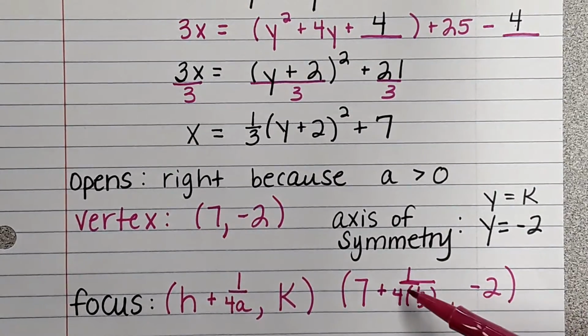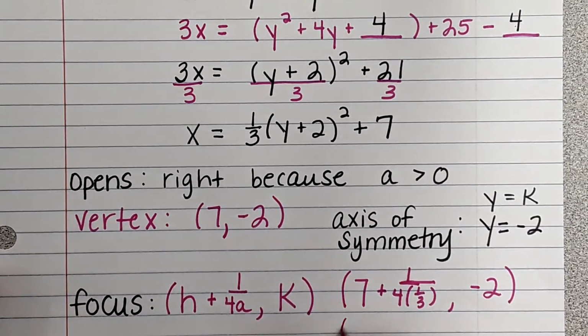So this becomes 4 times 1/3, which is basically 1 over 4/3. Well, you can't leave it like that. So anytime you have a 1 over a fraction, you can just flip the fraction upside down. Instead of 1 over 4/3, it actually becomes 7 plus 3/4. And so my final answer is 7 3/4, comma, -2.